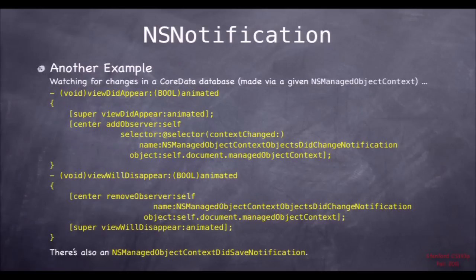Well, in viewDidAppear, I'm going to add myself as an observer, because I don't really need to know what's going on in my database if I'm not even on screen, whatever I'm displaying from that database. So I put it in viewDidAppear here. And I just say self, selector is contextChanged in this case. The radio station is called NSManagedObjectContextObjectsDidChangeNotification, right?